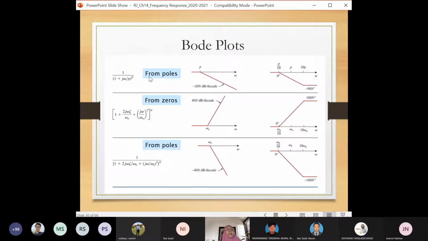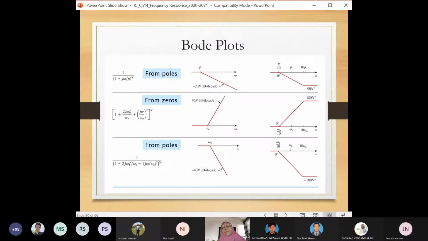For the poles, similarly, when you have an expression of 1 over 1 plus j omega over p, it will be flat prior to the turning point p, and then it goes down with a negative 20 dB per decade.